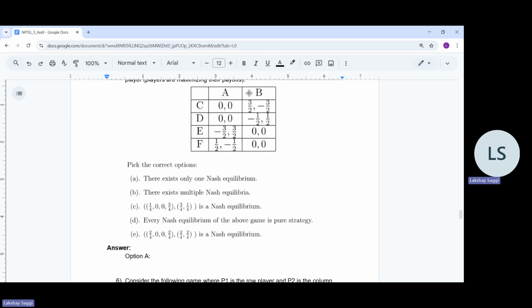You will obtain some values for A and B, and the values for C and D, and then you are saying that essentially E and F are played with probability 0, right? So E and F are played with probability 0, and C and D are played with non-zero probabilities, and then you have to see whether this row player will want to change his or her strategy so that the payoff gets better or not.